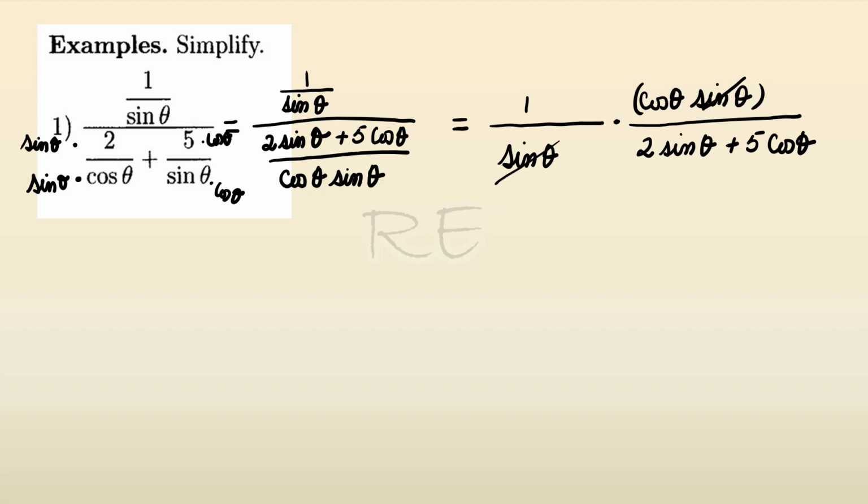Okay. Now we cross cancel. Sine theta over sine theta is 1. And our answer is cosine theta divided by 2 sine theta plus 5 cosine theta.